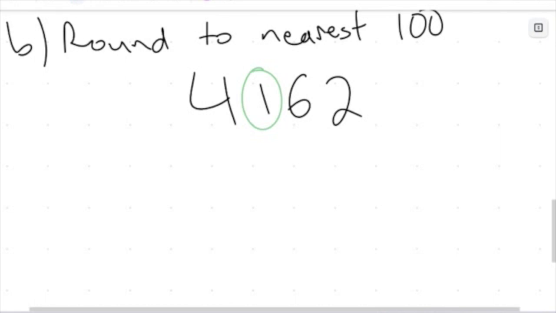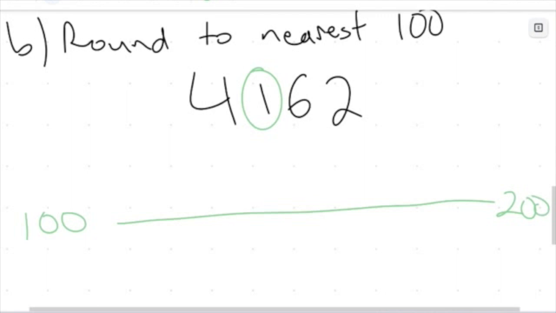Once again, we're looking at to the nearest hundreds. So, we have 100, 200, 300, 400. We're looking in terms of these hundreds. And just to help you visualize this again, a number line of 100 to 200, along this line, these are all the numbers from 100 to 200 condensed into this line. If we look at the number 162, halfway here is 150.